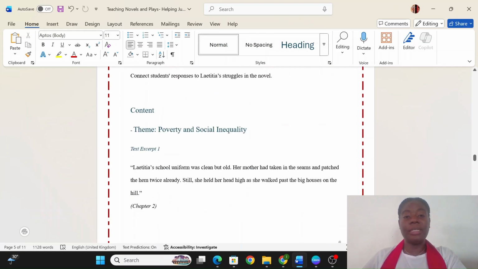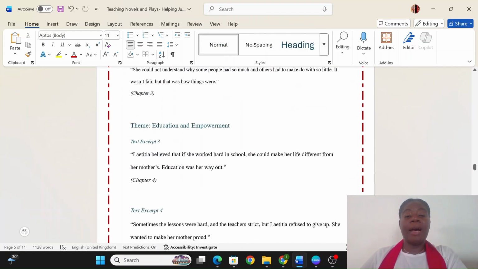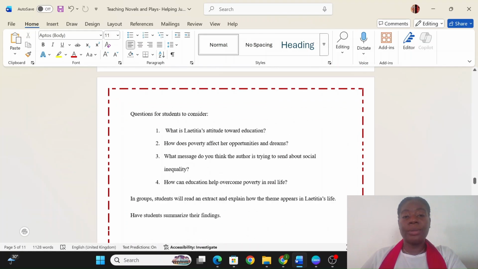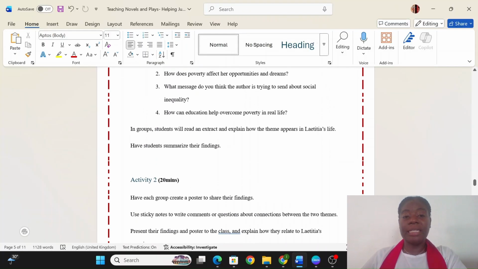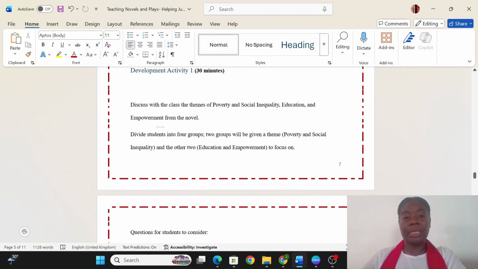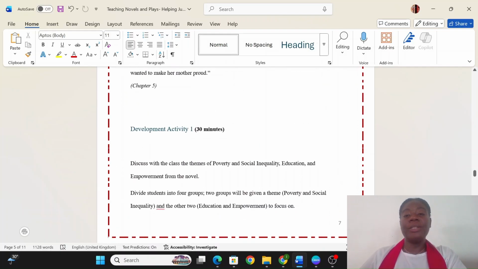There's an introduction, there's content. There are also the conclusion, and there are activities that you can engage with your students to help them understand the concept of the theme, and also to deliver the information.